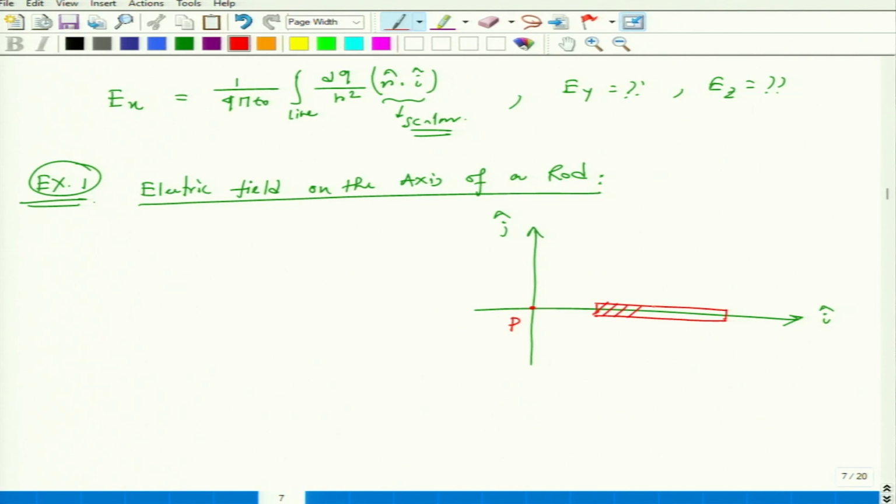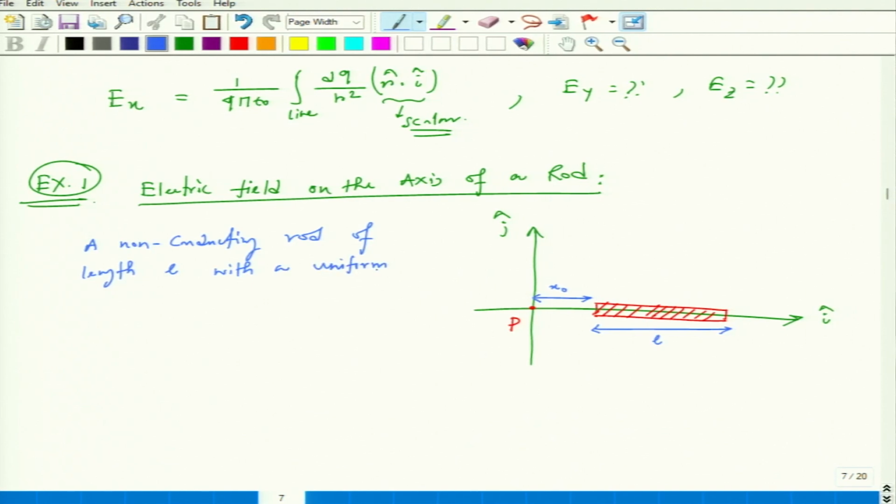So basically the point P is on the axis of the rod, the same axis where the rod is placed, and the distance from this point P to the rod is x naught, and the length of the rod is L. The question is: a non-conducting rod of length L with a uniform charge density lambda.